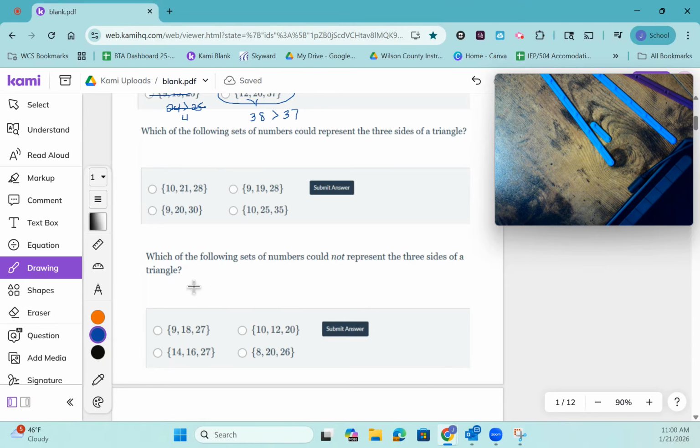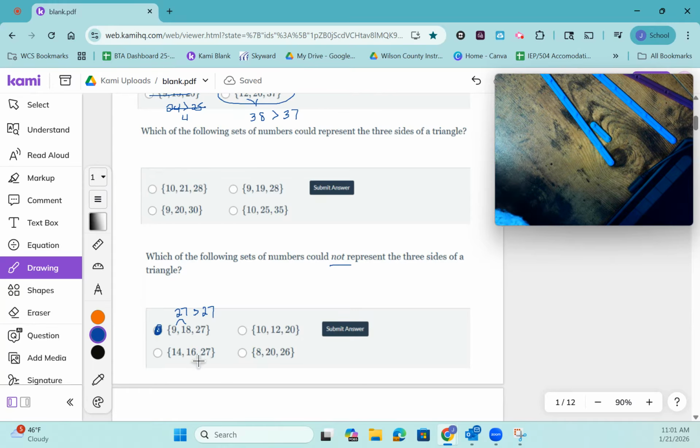Now, this last one I want to take a look at says, which of the following sets of numbers could not represent the three sides of a triangle? So make sure that we're reading problems accurately to ensure that we're marking the correct answer. 9 plus 18 is 27, and 27 is not greater than 27, so that one will not create a triangle.